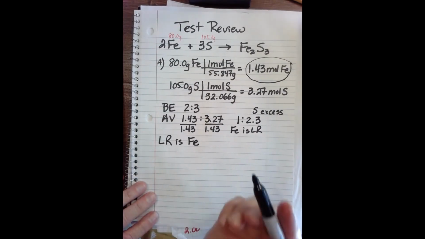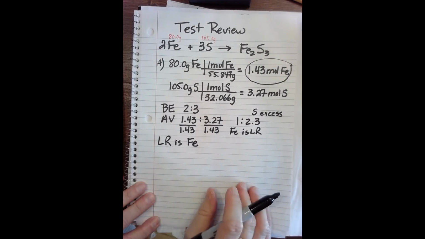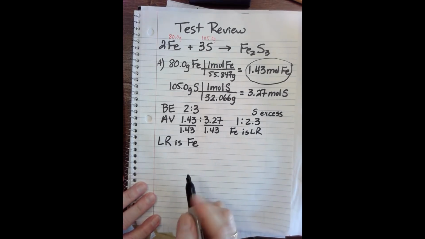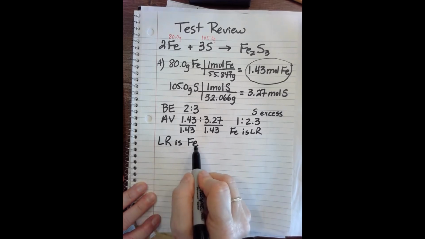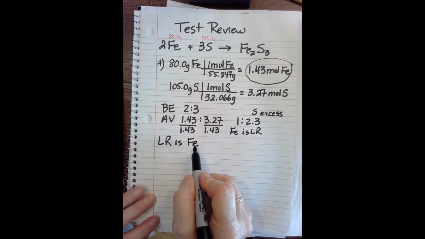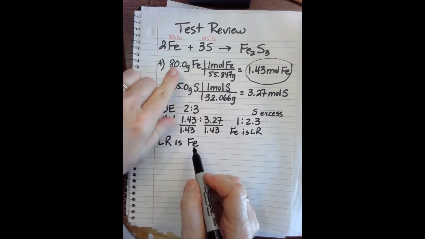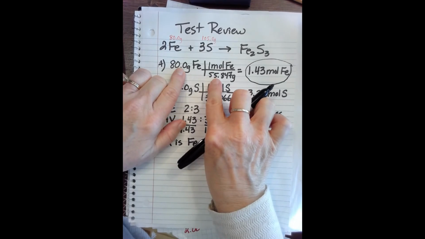So what do you need to write down to type into the box? Well, the first thing you can type is actually this answer. The limiting reactant is Fe. Then you could show me how you got there by typing 80 divided by 55.847.